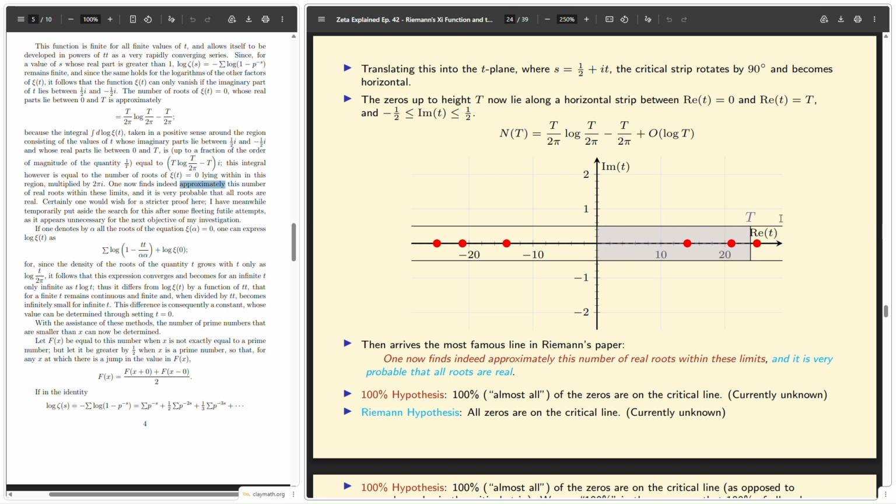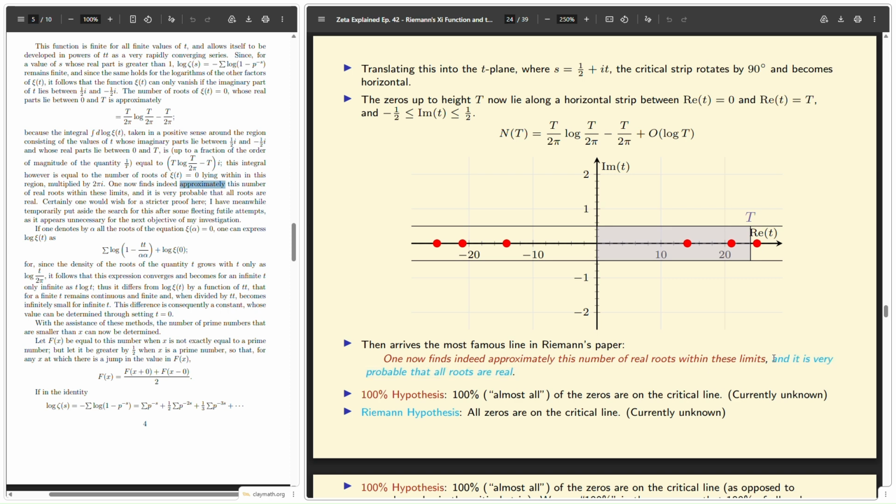If you go to the right and T gets very large, then N of T is this number. One way to interpret this is that Riemann somehow figured out that the number of zeros along this line is also this same formula. Therefore, he says one now finds indeed approximately this number of real roots within these limits. And you could formulate that as saying that 100% of the zeros are on the critical line. And then the Riemann hypothesis is the second statement.